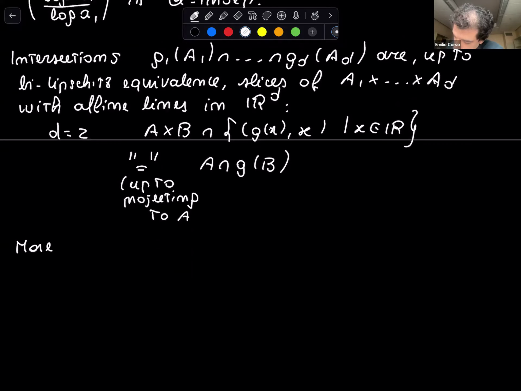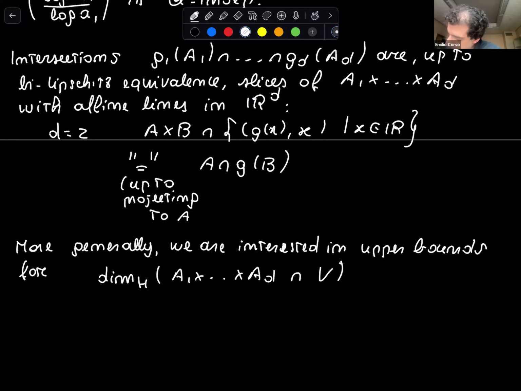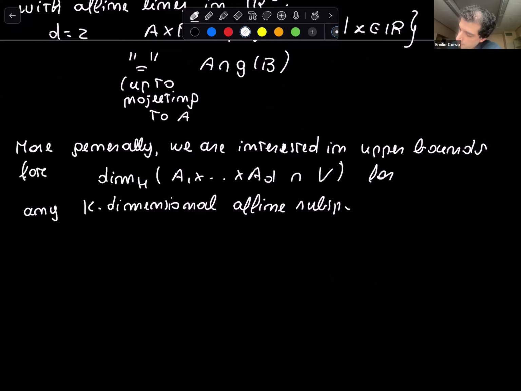More generally, we are interested in upper bounds for the Hausdorff dimension of the intersection of the product with V for any k-dimensional affine subspace V in RD, where, to avoid trivialities, we can assume that k is between 1 and D minus 1.